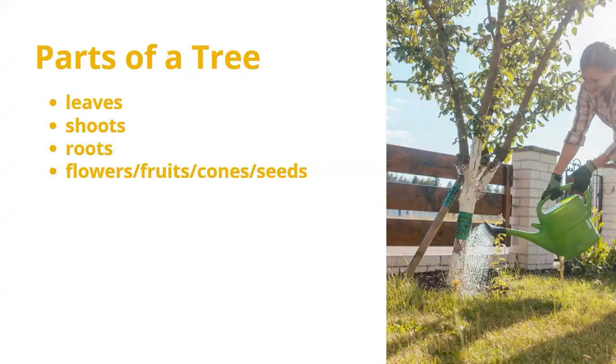They have shoots, they have leaves coming off of those shoots, they have a root system powering all of that activity. And then for reproduction, they have flowers, and that could look like fruits or could look like cones or seeds. And we group trees into two different categories here.